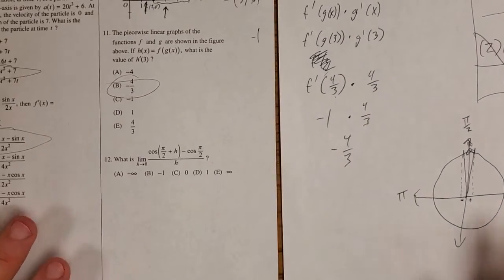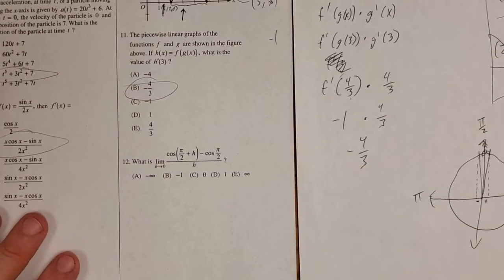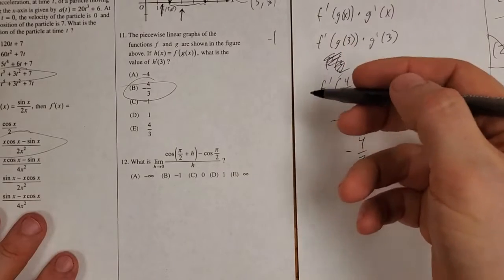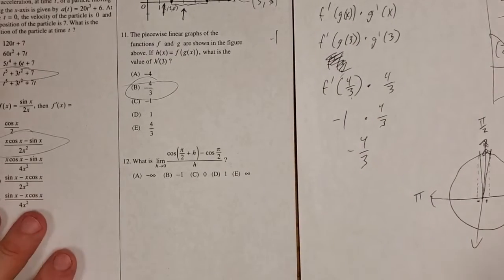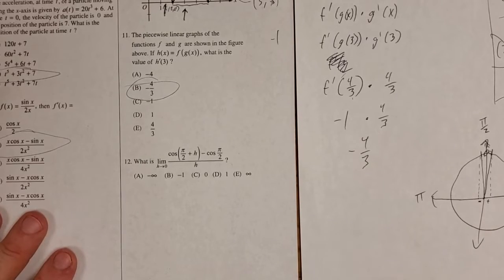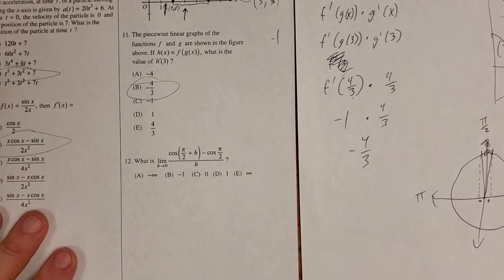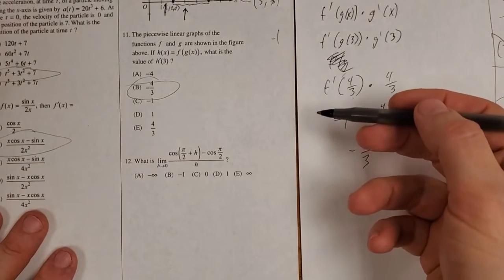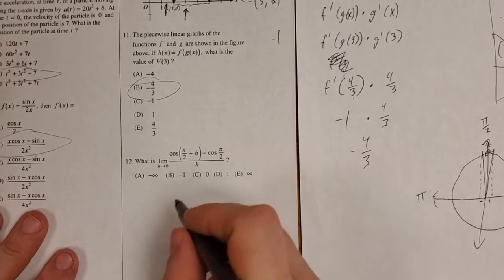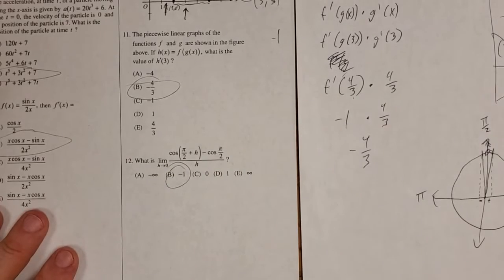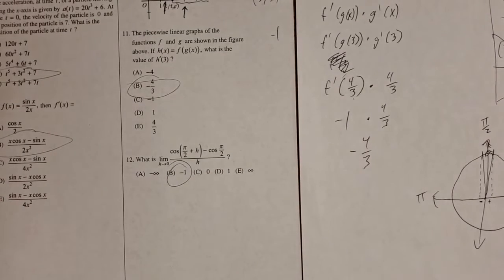And what we can conclude from that is a very small number over another very small number is going to be pretty close to 1. We can say it's 1. And that negative sign is either going to be on the top or on the bottom. You're always going to have a negative sign. So it's going to be -1 one way or another.